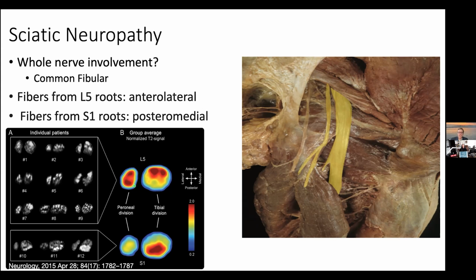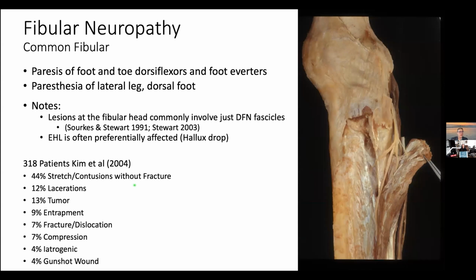To differentiate a sciatic neuropathy, which is more proximal, from a common fibular neuropathy that is just at, let's say, the fibular neck, your best bet is to look for damage in the posterolateral thigh. Look for paresis, look for paresthesia there. But again, that's less likely than damage at the fibular head or neck region. So let's go there next.